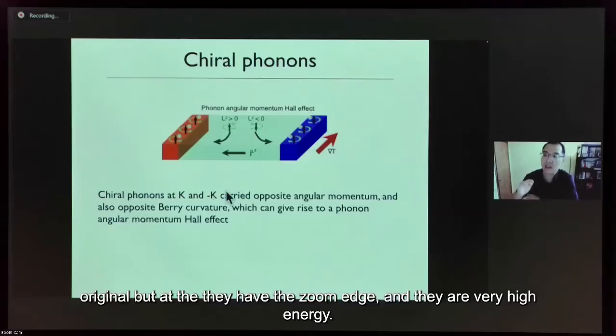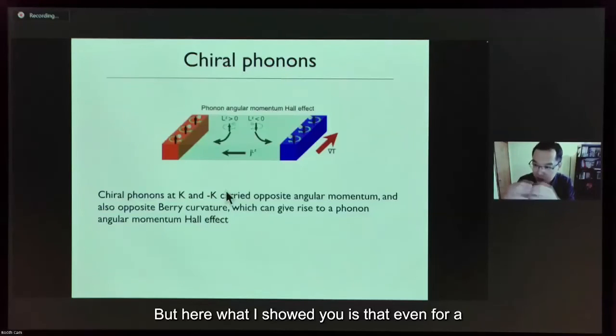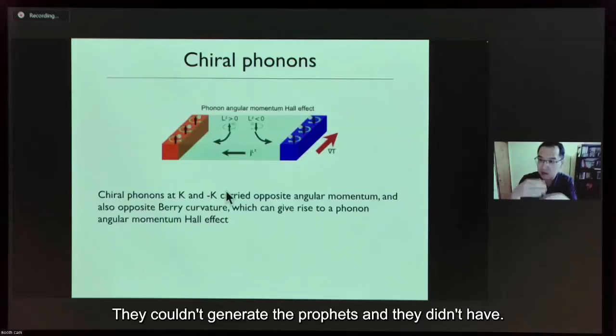But they are at the zone edge, and they are very high in energy. What I showed you is that even for the original acoustic branch, once you add this moiré potential, it can generate chiral phonons at a much shorter wavelength and at a much lower energy.